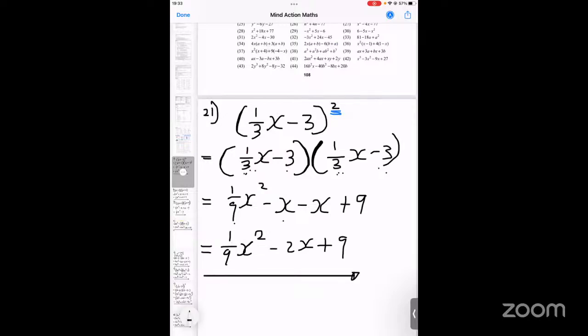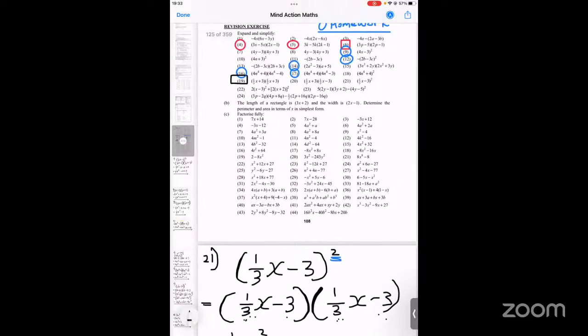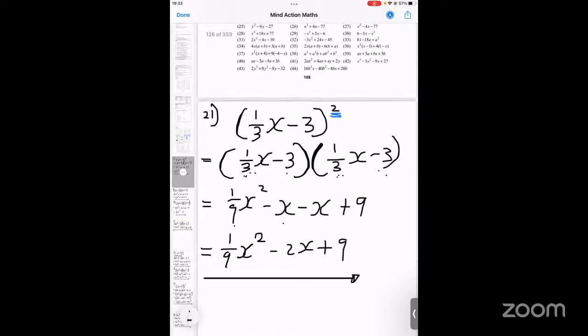Are we okay on this one? Sir, I have a question. Wouldn't it be, since we're dividing into the bracket, 1 over 3x times 1 over 3x, and then 1 over 3x times negative 3?